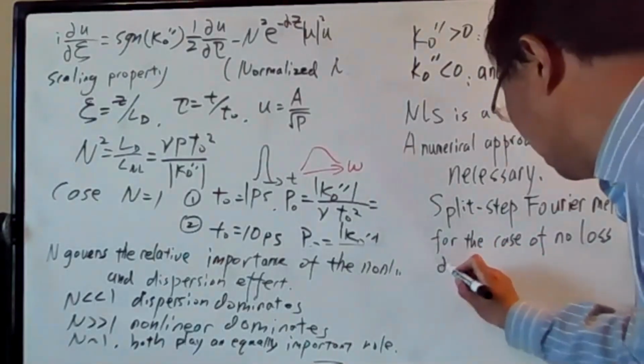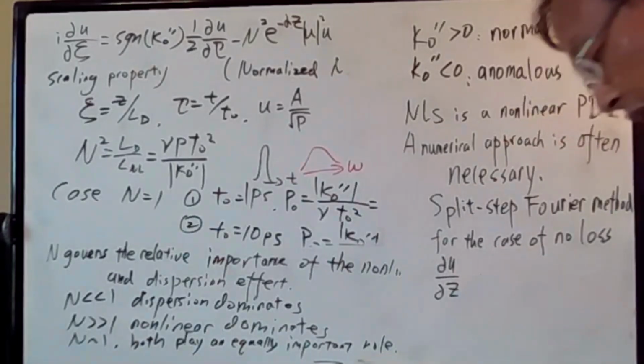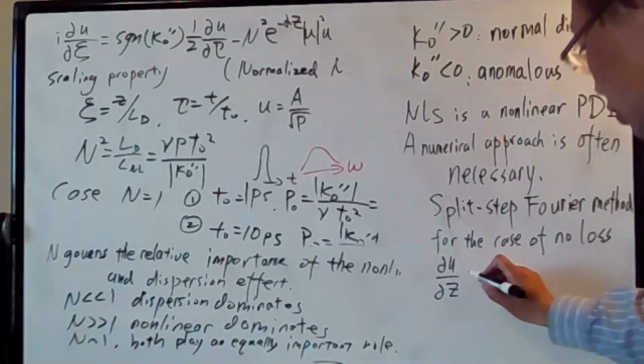So the partial u partial z, I'm going back to z instead of zeta, so we'll just make a simple equation.